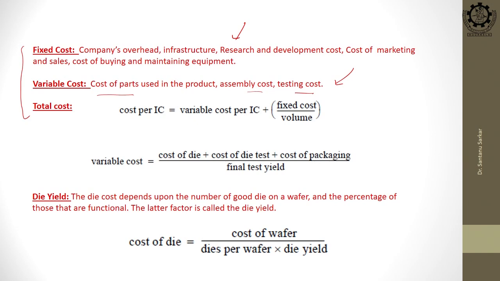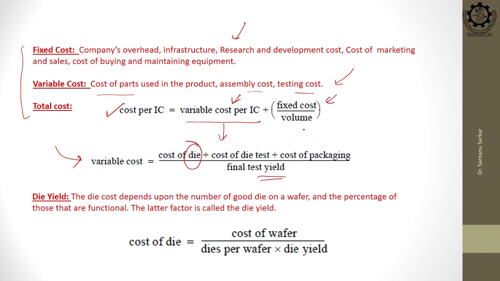So, your cost per IC is the variable cost per IC plus the fixed cost divided by the volume. Fixed cost is not variable, but this is variable. So, variable cost per IC plus whatever the fixed cost is divided by your total number of ICs. Now, this variable cost depends on your cost of die. Here comes the die yield. If more dies are working, your variable cost will go down.